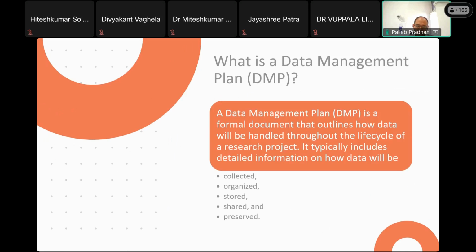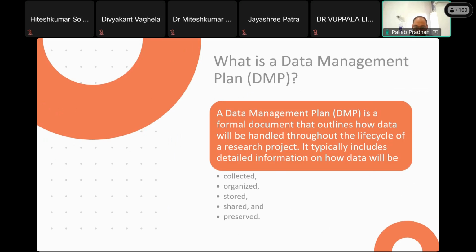It is a formal document that outlines how data will be handled throughout our research life cycle, during the whole research project from initiation to its completion. It typically includes all the details on how data will be collected, organized, stored, shared, and preserved.